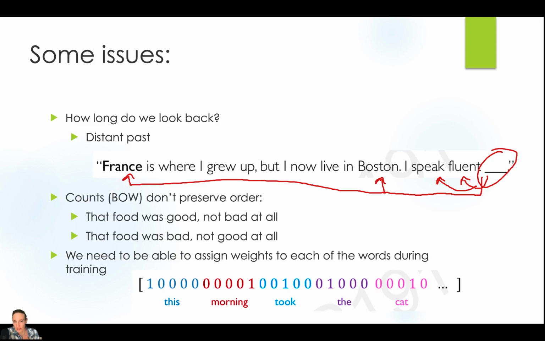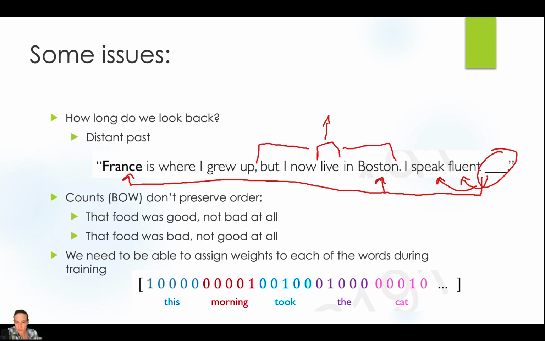Now, bag of words doesn't preserve order. Even word2vec embeddings don't preserve the order of the sentences. If we're training this, we feed it the window, so we try to predict this word given the surrounding training windows.